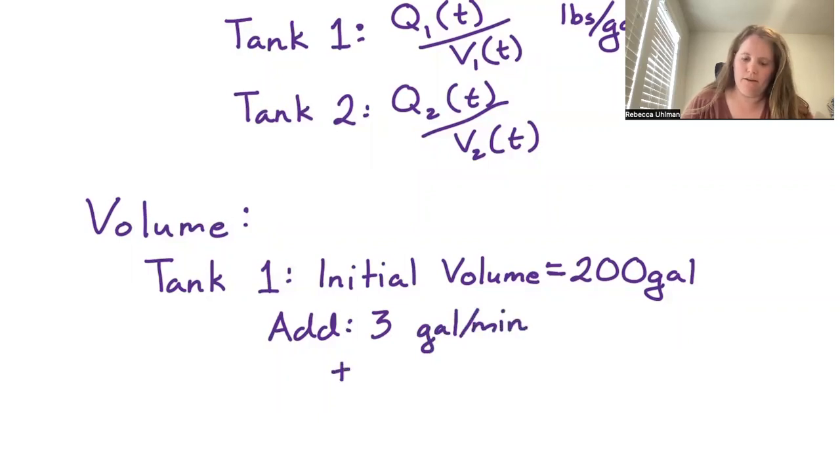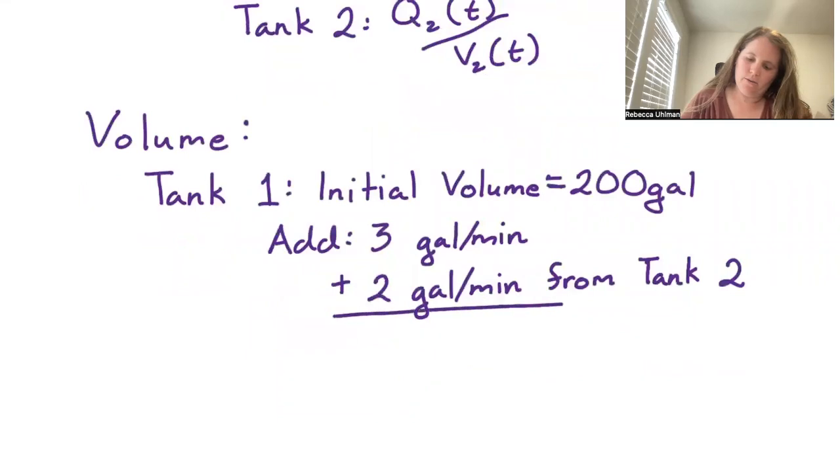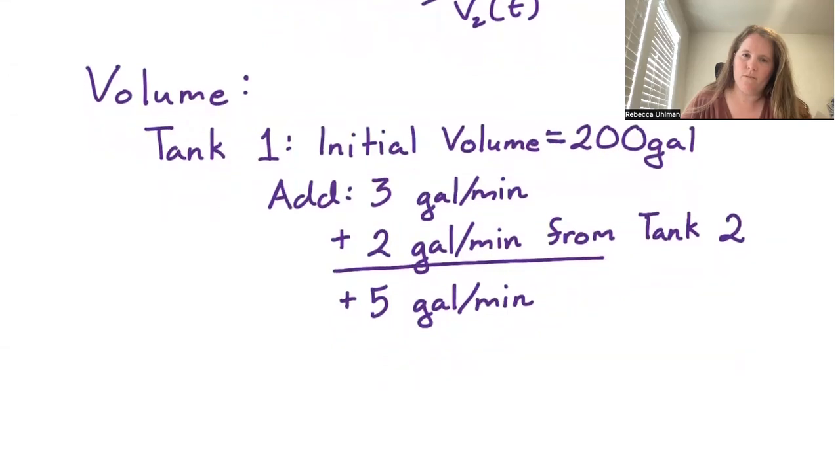And we add another 2 gallons per minute from tank 2. Sorry, we gain 3 gallons per minute from tank 2 for a total of 6 gallons per minute.